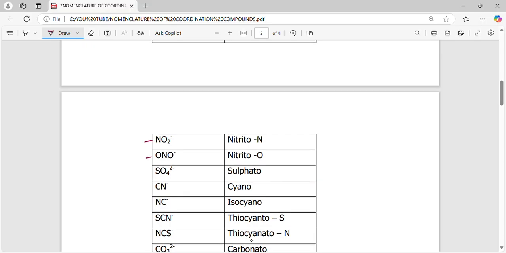This I'll explain. NO2 minus and ONO minus are called the ambident ligand.